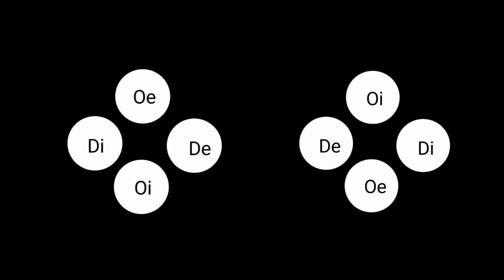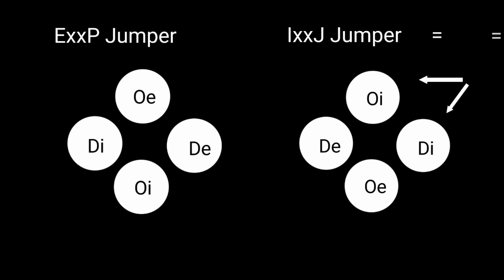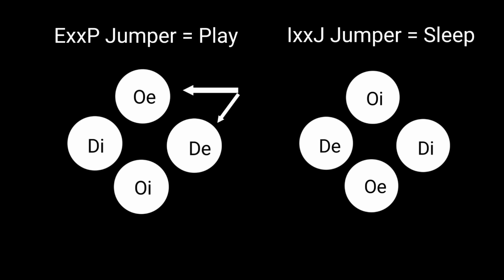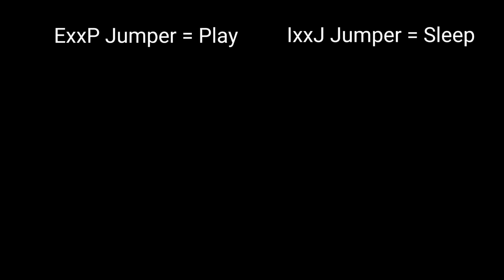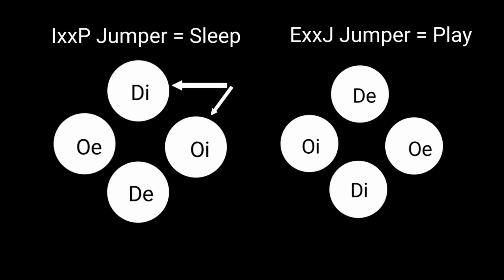So the EP jumper will be using OE and DE, and the IJ jumper will be using OI and DI. So if you notice, the EP jumper leads with play and the IJ jumper leads with sleep. Following the same logic, the EJ jumper leads with play and the IP jumper leads with sleep.